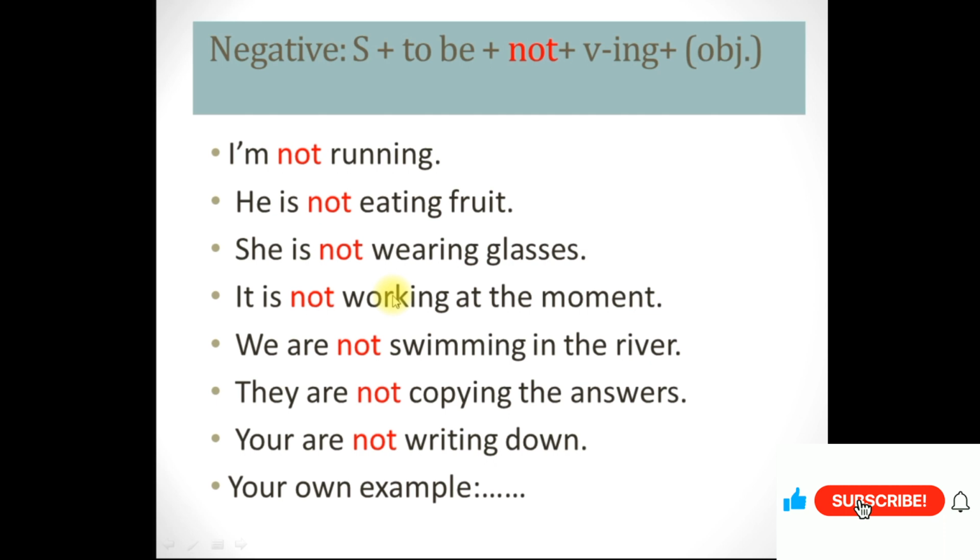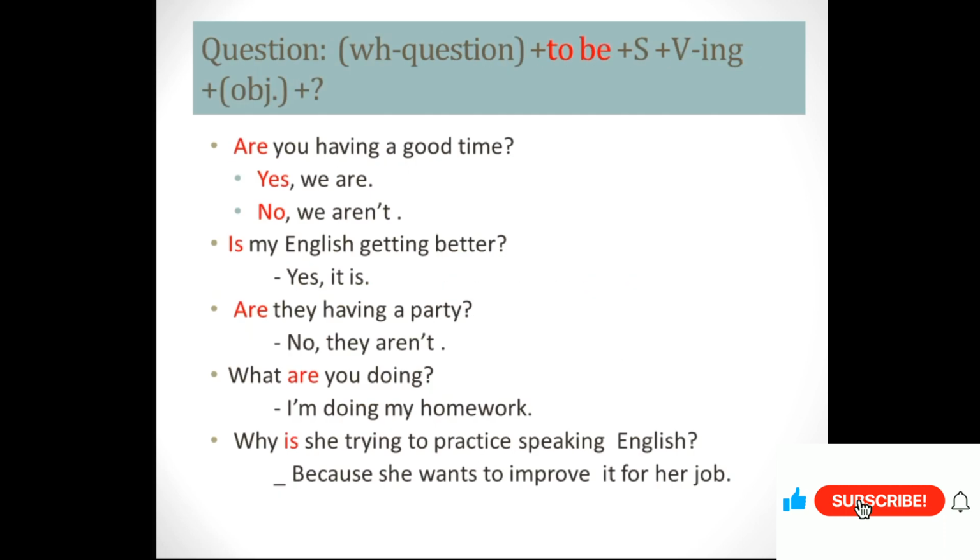One more form is the question form that you use with a WH question. So for WH questions here we have what, why, when, where, how, something like that. The WH word is written in brackets like this, meaning you can use it or not, it depends on you.